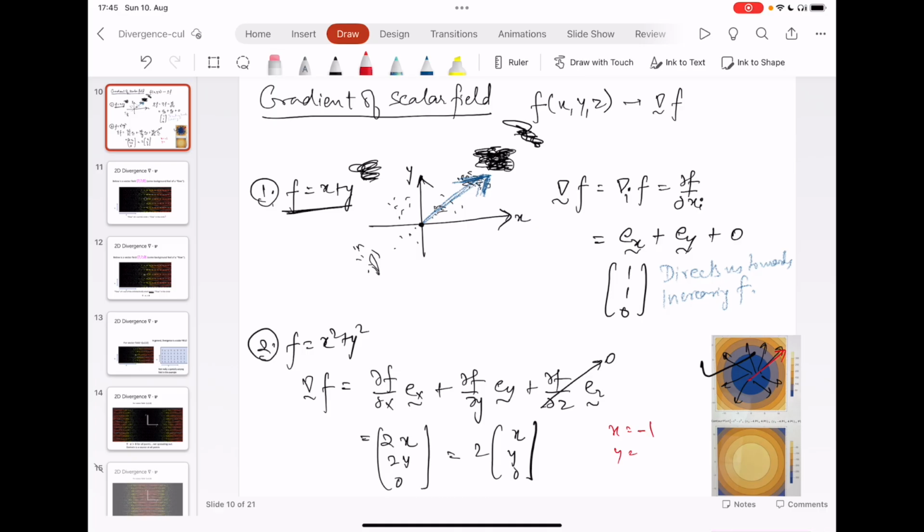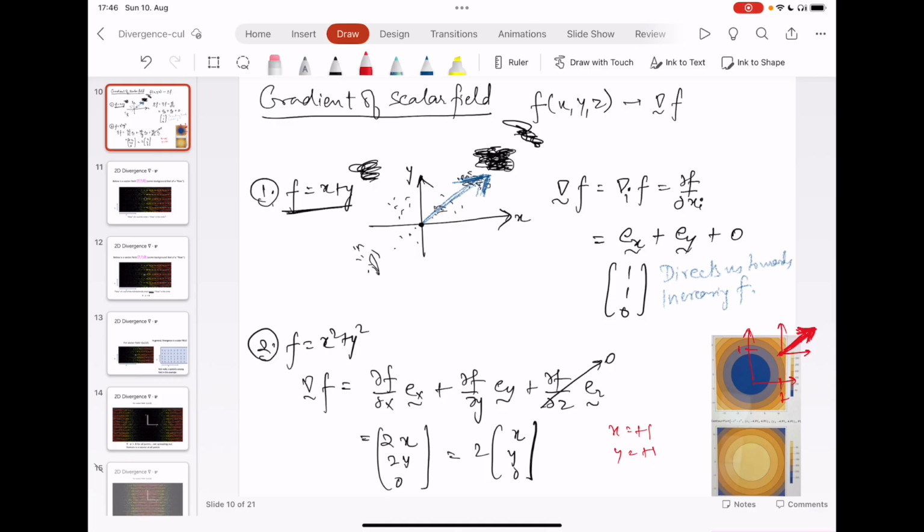Let me rub this and show it more properly. At x equals 1, y equals 1 on your coordinate axis, the x component is in this direction, the y component is in this direction, and the resultant is in this direction. Okay, this checks out.